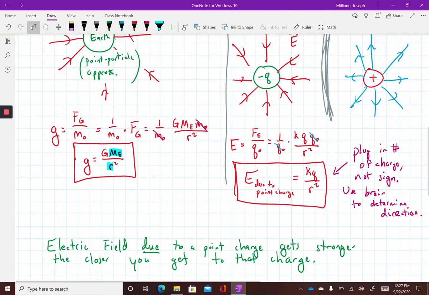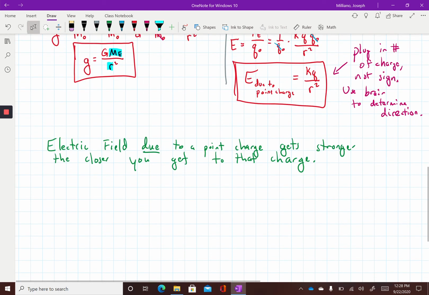And how are we going to visually see that? Well, with these field lines, the number of lines doesn't change, right? There's 8 lines no matter where you are. But the closer you get, the more dense the lines are, the closer they are. If we look here around this circle, the lines are close together, and if we look here at this bigger circle, the lines are more spaced apart.